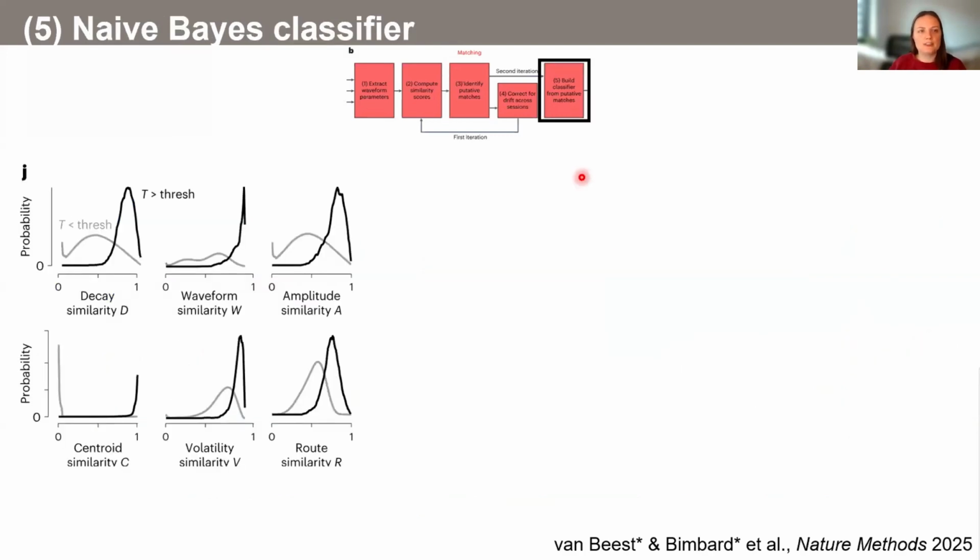We can now use these thresholds, so everything larger than the threshold and everything lower than the threshold, and go back to the individual scores and look at the probability of these scores happening for these two groups.